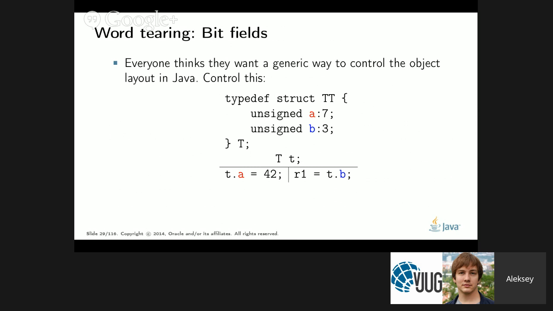All right, bit fields. Not everyone, but most people that I'm talking to think they want a generic way to control the object layout in Java. So in C, for instance, in the struct declaration, if I have the field in struct A or B, I can actually say how many bits to allocate for the particular field.